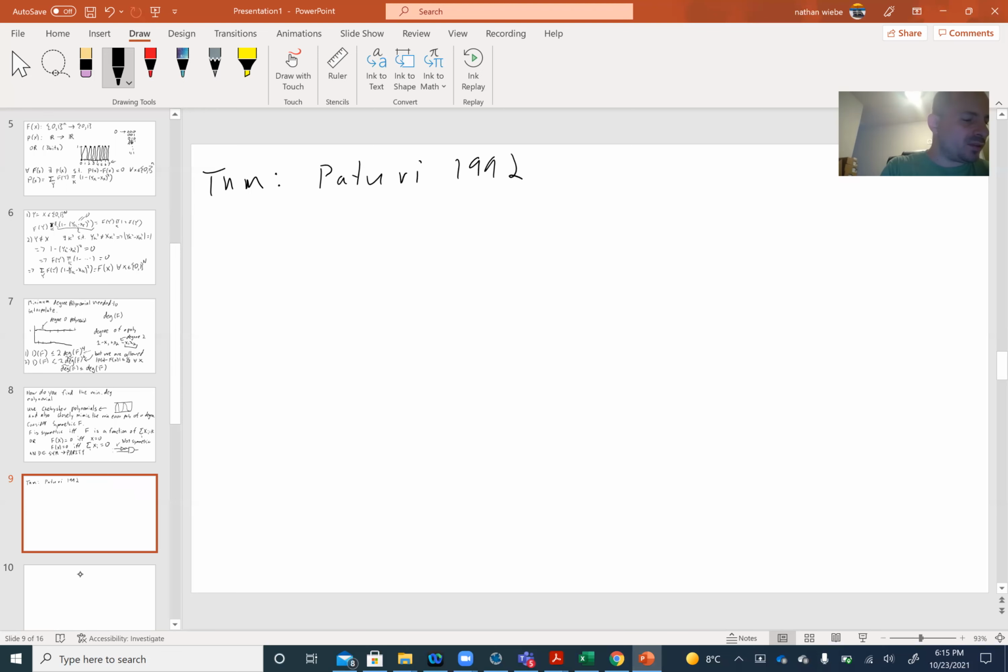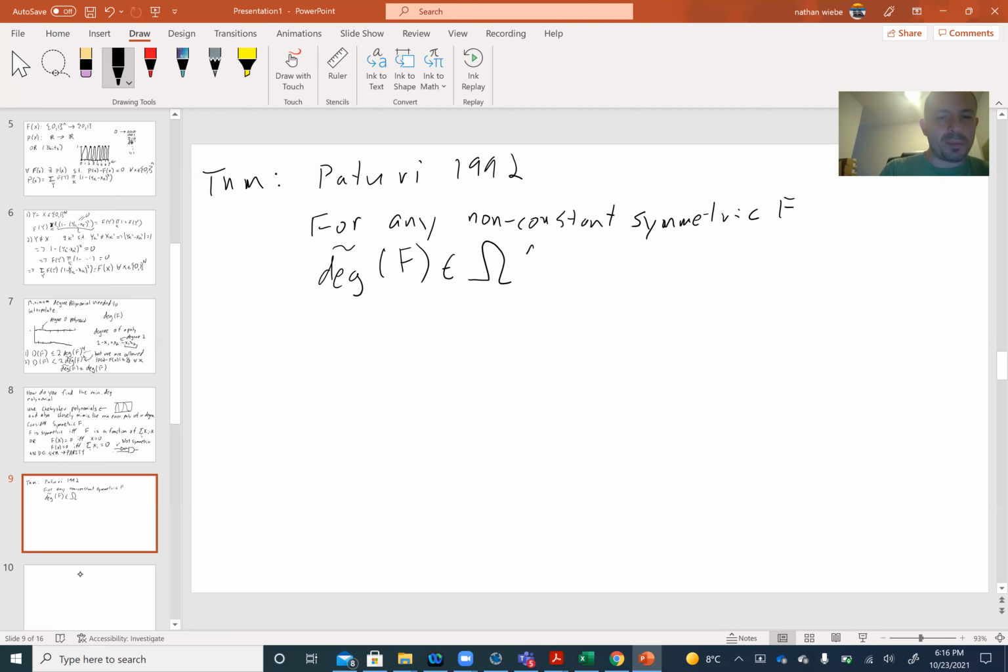And basically what Paturi ends up saying is that for any non-constant and symmetric function f, the approximate degree of the function is lower bounded asymptotically by square root of n minus this function gamma of f over here.